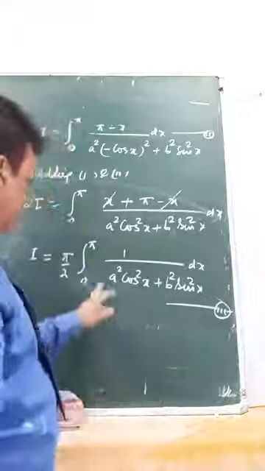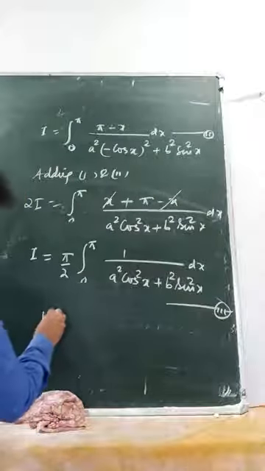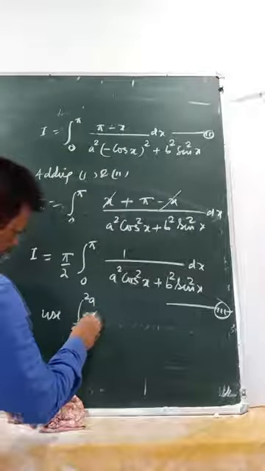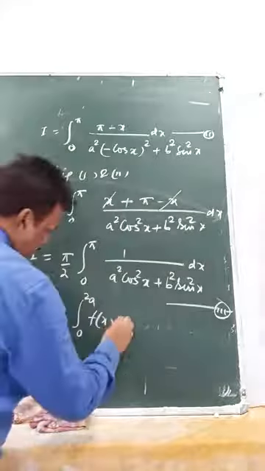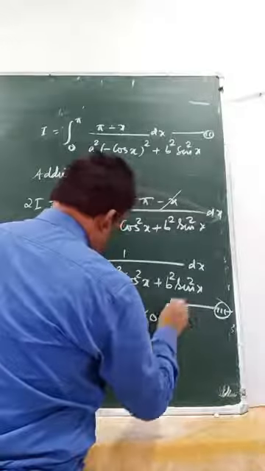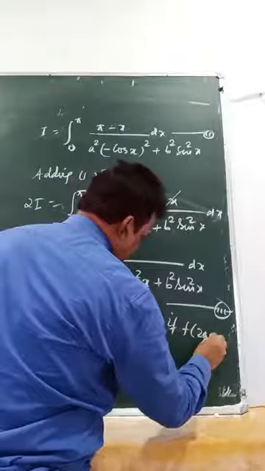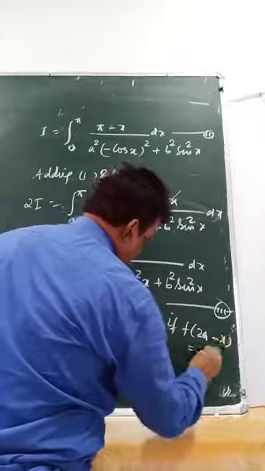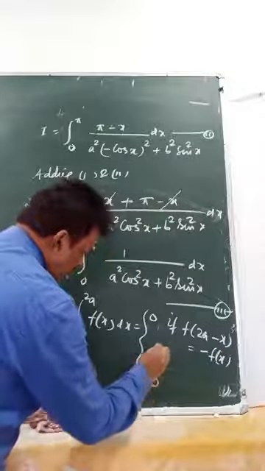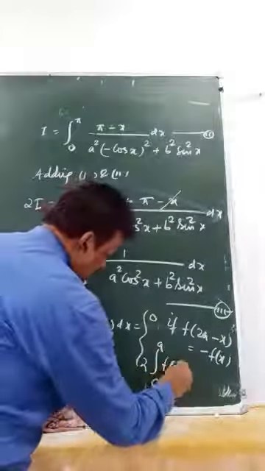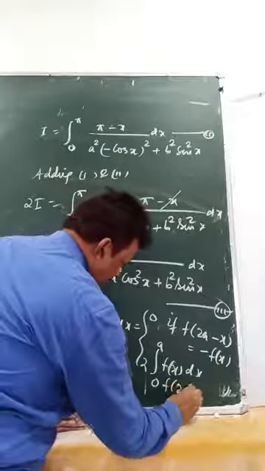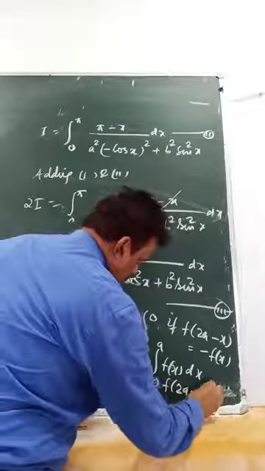Now use 0 to 2a fx dx equals 0 if f of 2a minus x is minus fx, and 2 times 0 to a fx dx if f of 2a minus x equals fx.